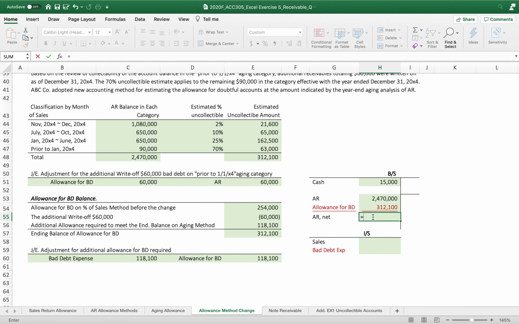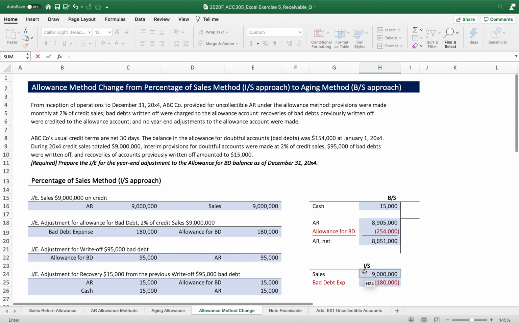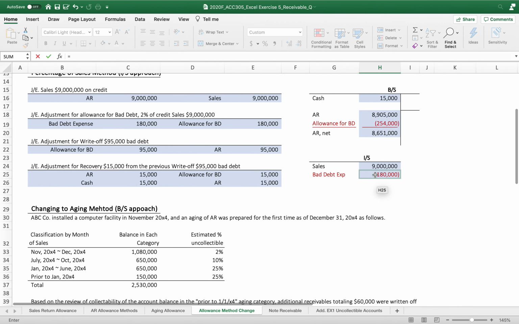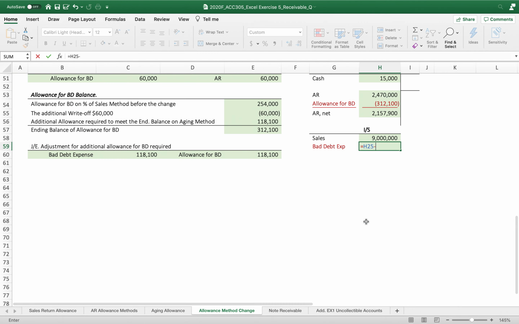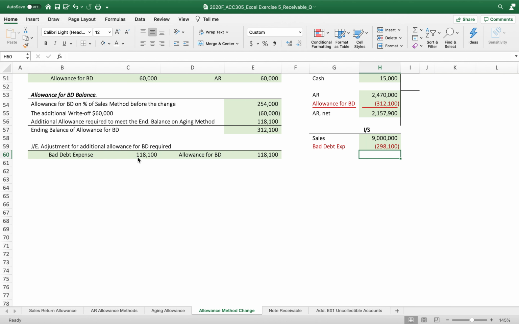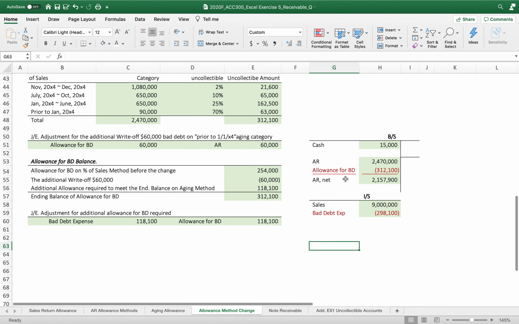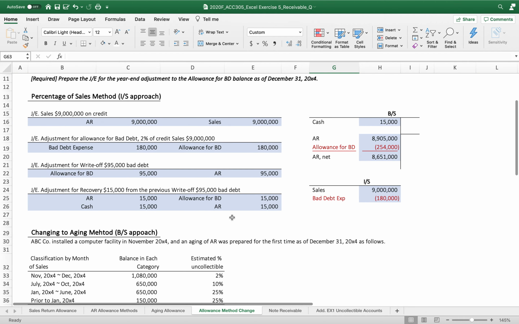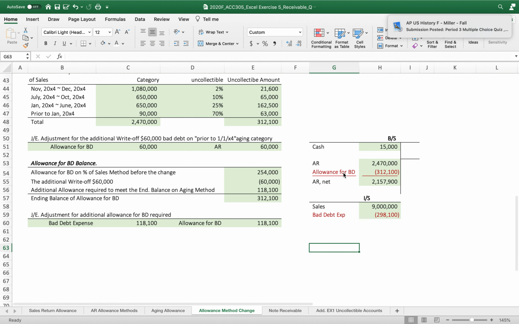And then, by the way, we have changed this negative value. So the sum of this is AR net. And then sales, we have had the sales. And then the bad debt expense. Now, bad debt expense should be increased by the additional allowance for bad debt, 298,100. This is it.